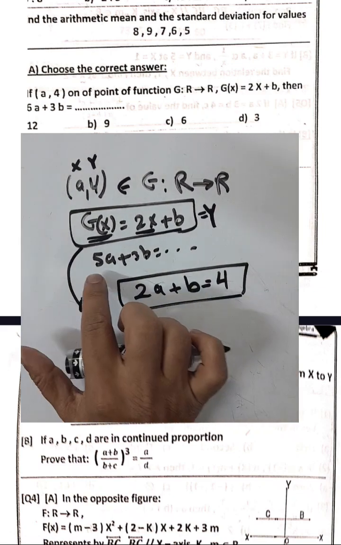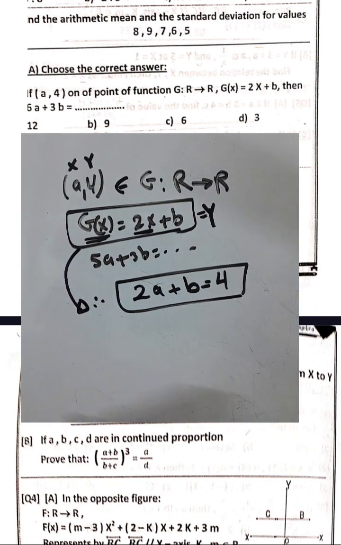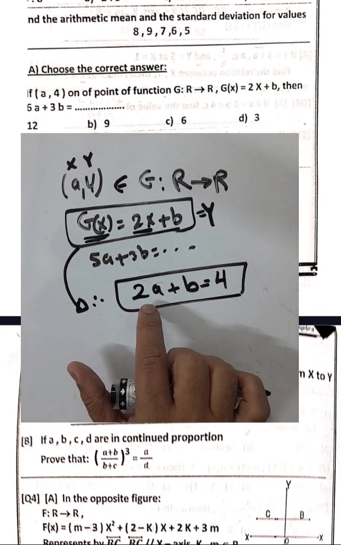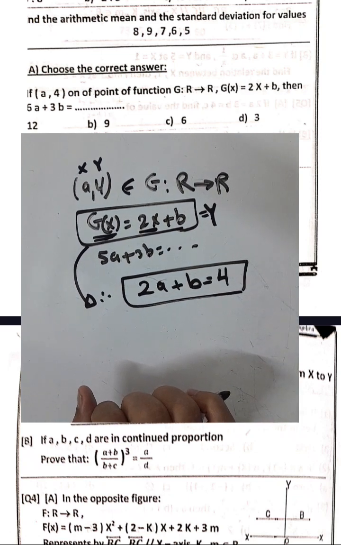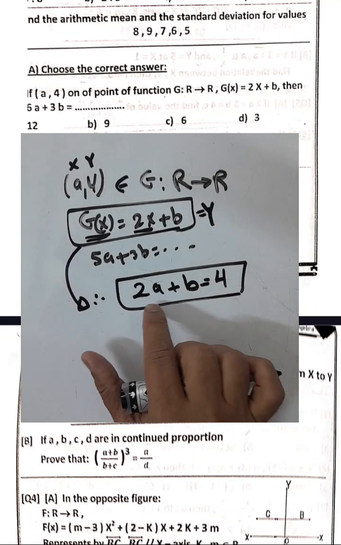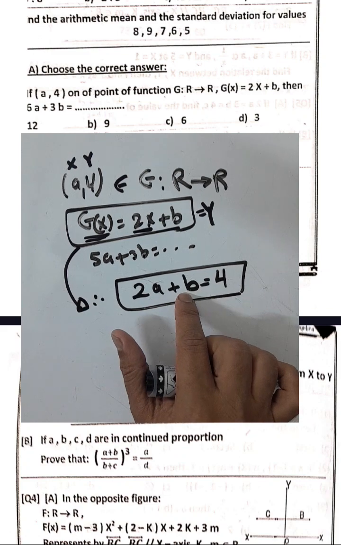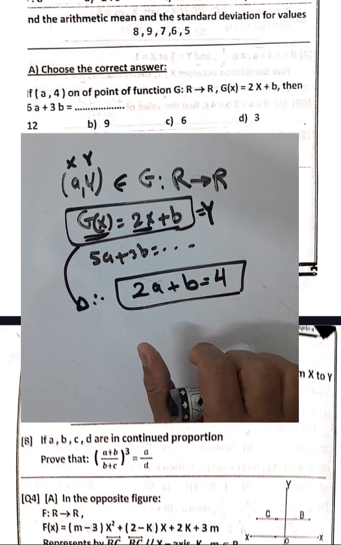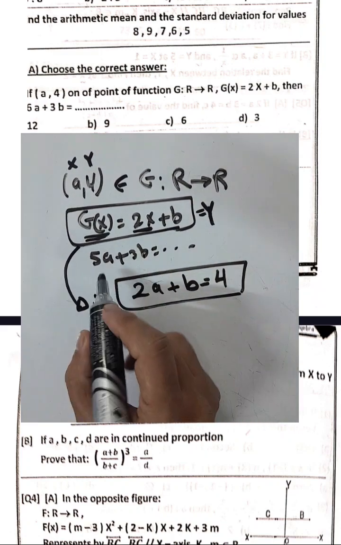He wants to find 5a plus 3b. Who can tell me the result here? We have 2a plus b equal 4. Then you can multiply by 2, it will be 4a plus 2b equal 8, and we want to find 5a.